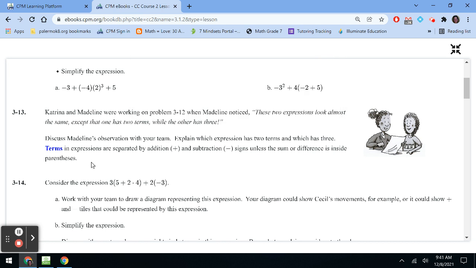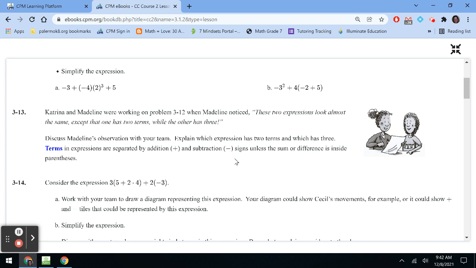However, I like this definition probably the best, and it is terms and expressions are separated by addition and subtraction signs. So we already know, and we've seen many times, them being separated by addition signs. Subtraction is the inverse operation, or it undoes addition. So those two are connected.